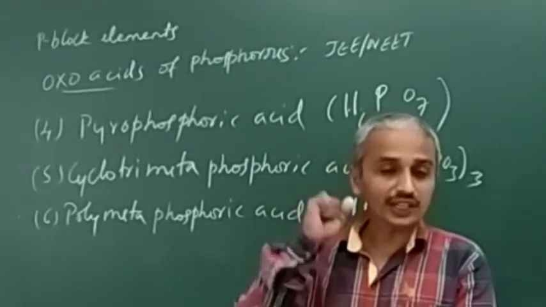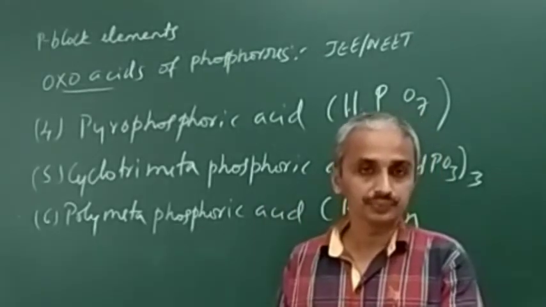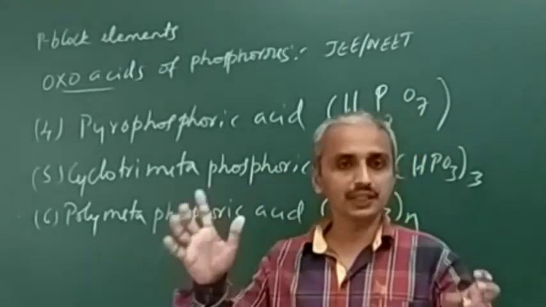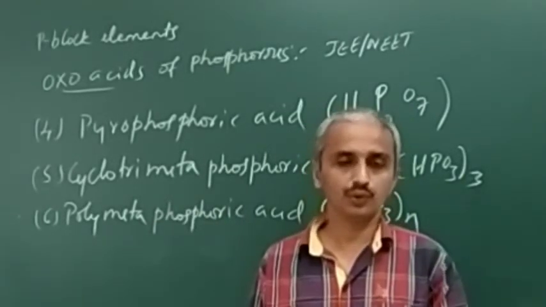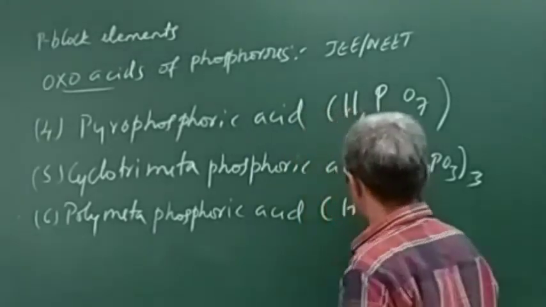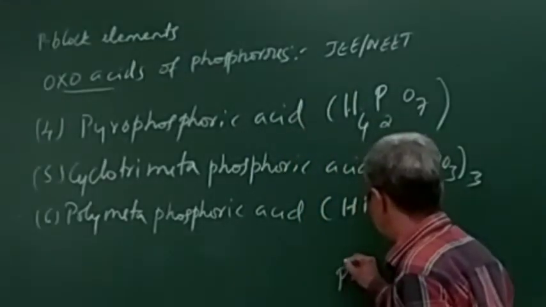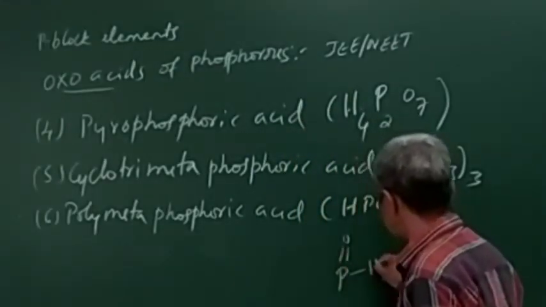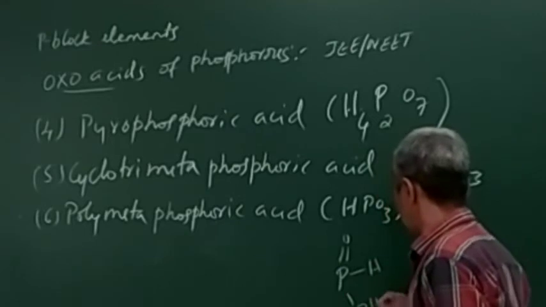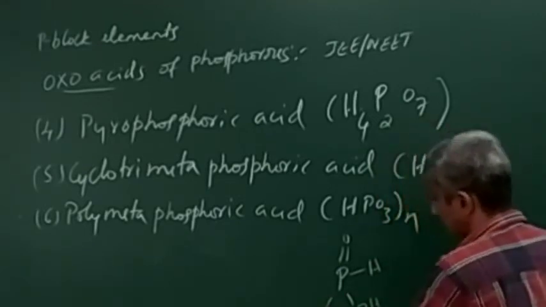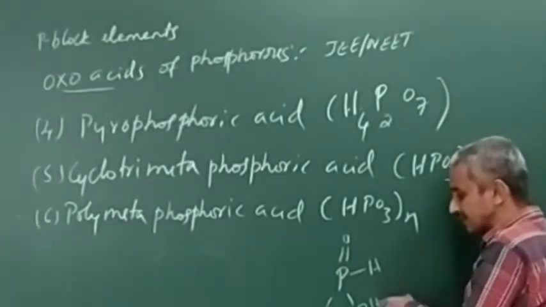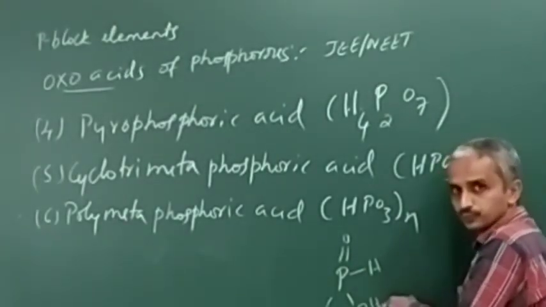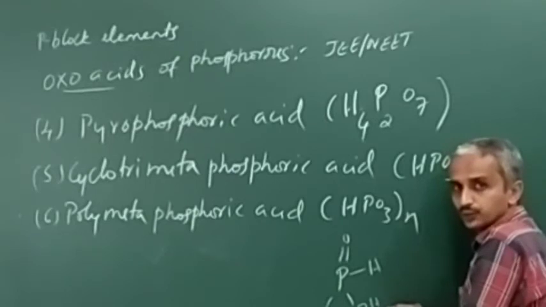Then what does oxo acid mean? Oxo acid means it should be an acid with the OH group. See, P double bond O, H, OH, H. 3 hydrogens are present, but it is called an oxo acid because of this P-OH bond, oxygen-hydrogen.